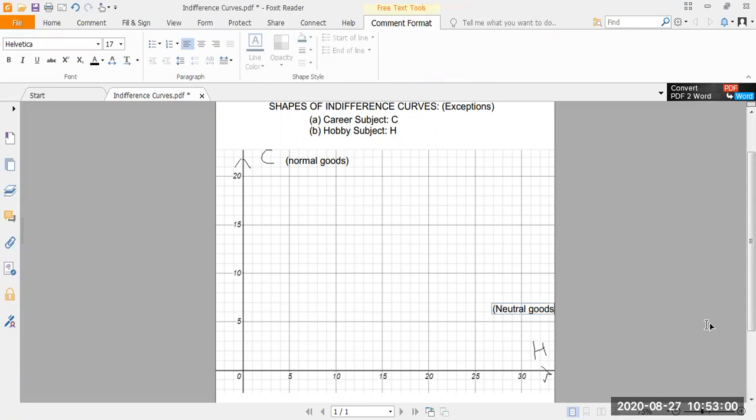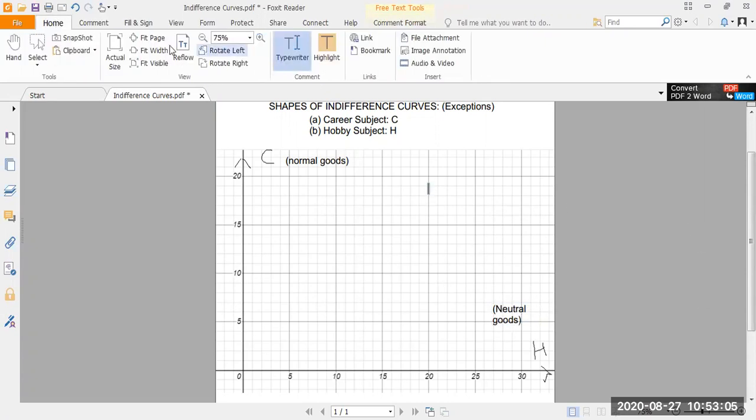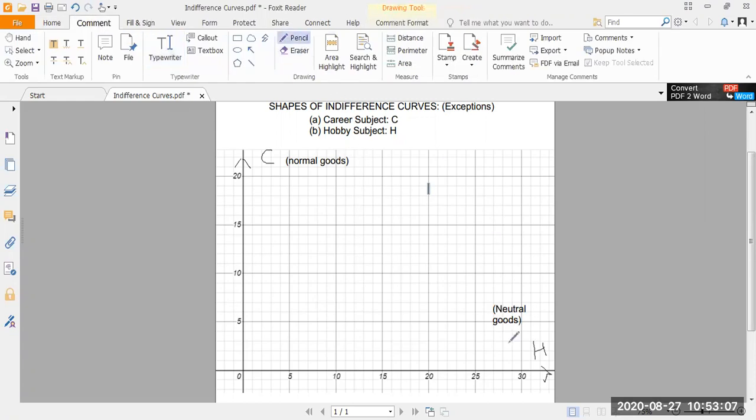As I have already discussed, if I have the vertical axis plotting neutral goods, my indifference curves are vertical. So what I will find out now is the shape of the indifference curve if I have neutral goods on the horizontal axis.